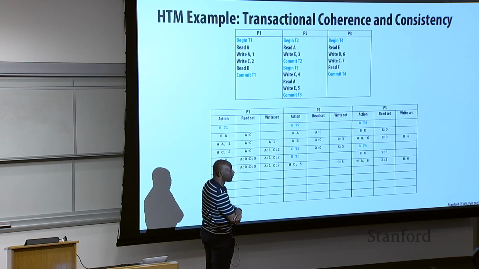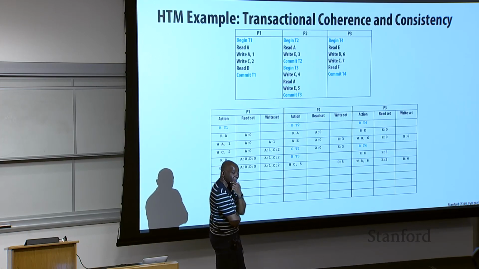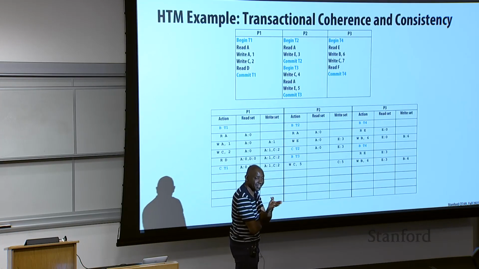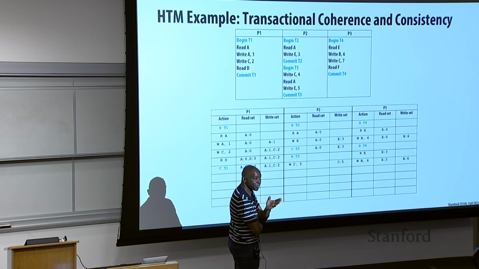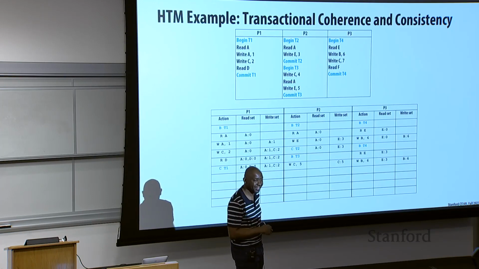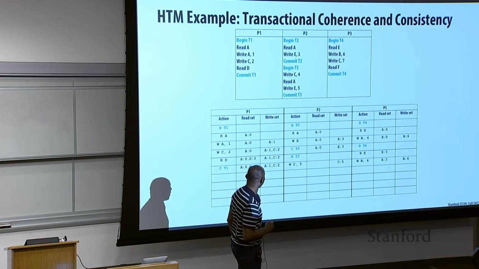What's the rule for lazy optimistic? We just talked about it. We saw it last lecture and a couple times today. Someone tell me. You match what the write set said to other people's read sets.